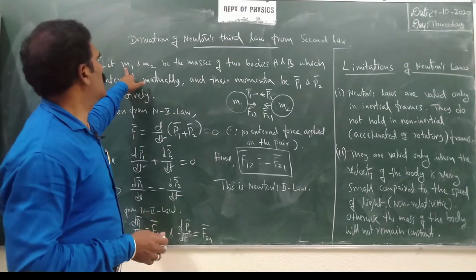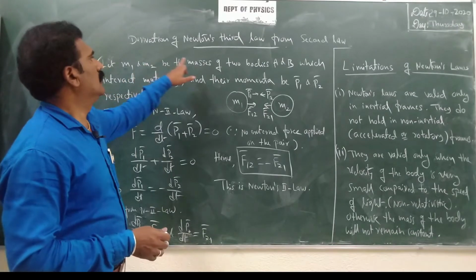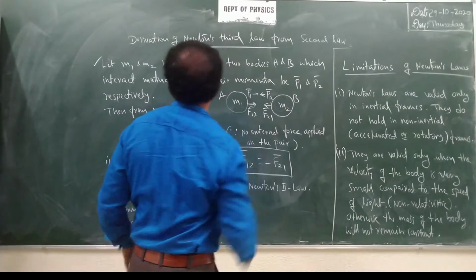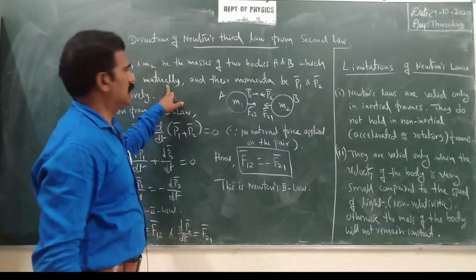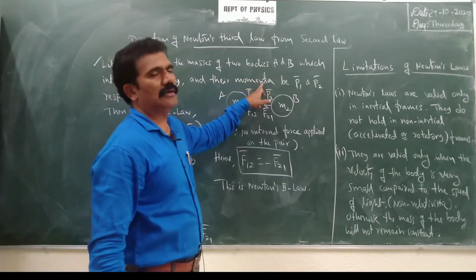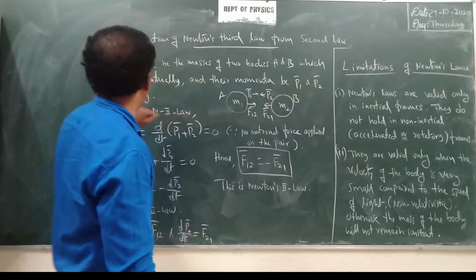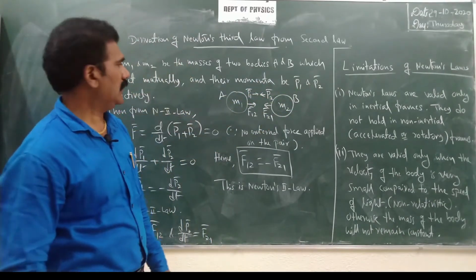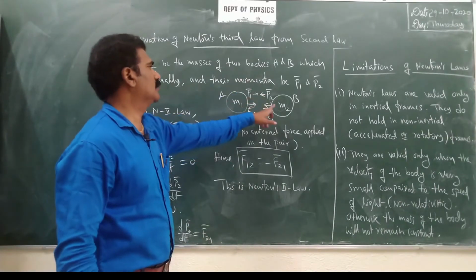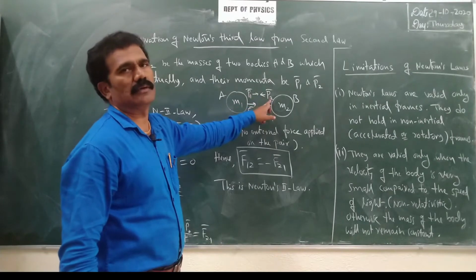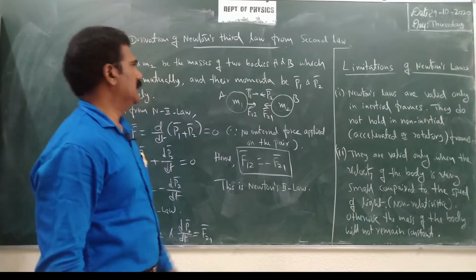So consider two masses m1 and m2 of two bodies A and B, let us say, which interact mutually, and let their momenta be P1 bar and P2 bar respectively. You can see in the diagram m1, m2 are the two masses, the momenta are P1 bar and P2 bar, acting in opposite directions.